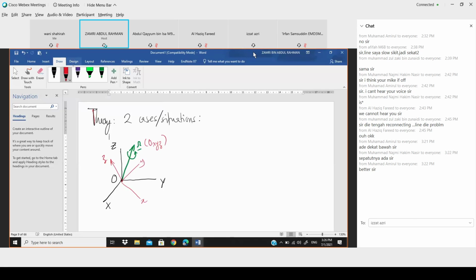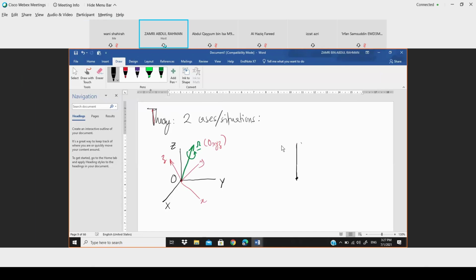The second situation is, after this we will look at examples of how the two situations exist in reality. Okay, the second situation or case, you have something like this. Okay, we have a local coordinate not sharing the same origin.